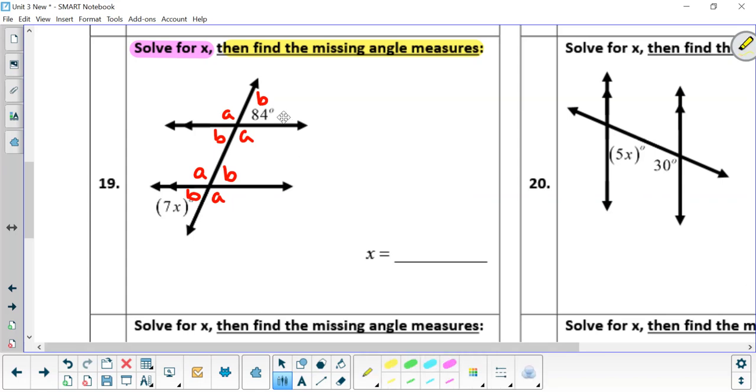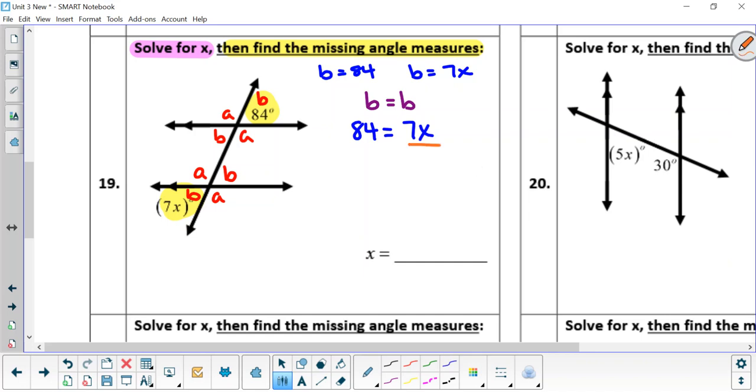Okay, so here I have a B as 84, and I also have a B as 7x. So one B equals 84. One B equals 7x. Since I have two B's from my problem, I'm going to use my rule that says B equals B. So then I can fill it in. So I'll have 84 is equal to 7x.